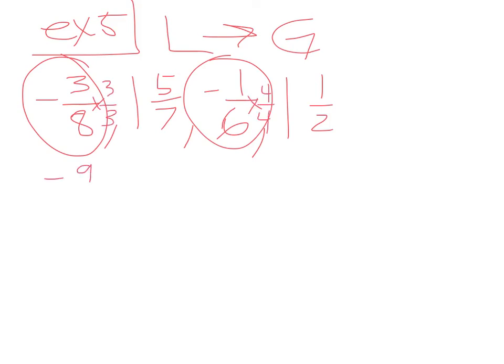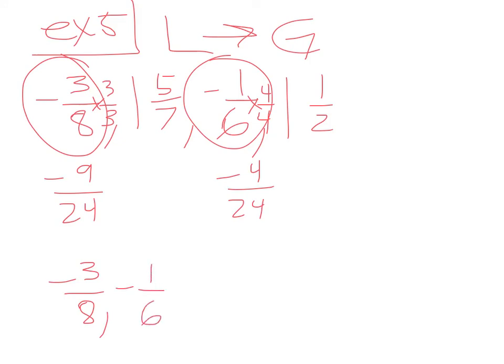That would give me -9/24 and -4/24. So the smallest one would be the bigger negative. So therefore it's -3/8 and then -1/6 in that order so far. So we're done with those.